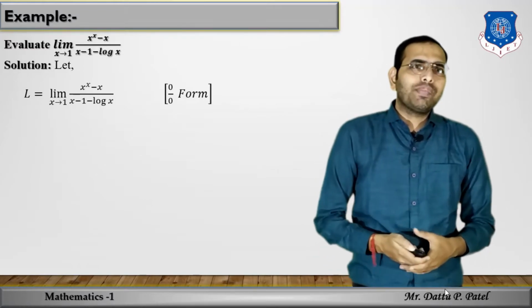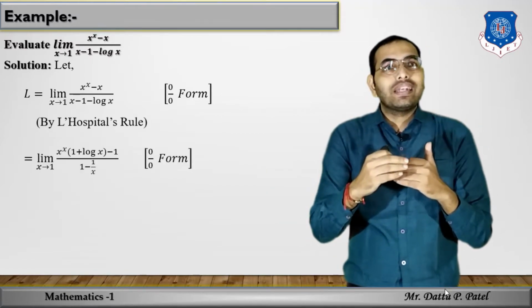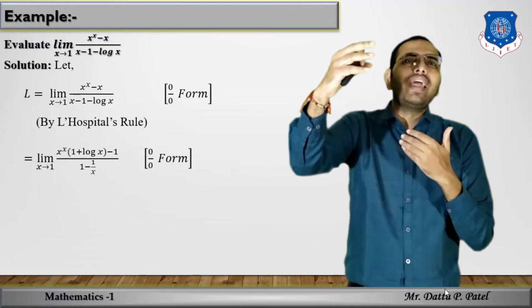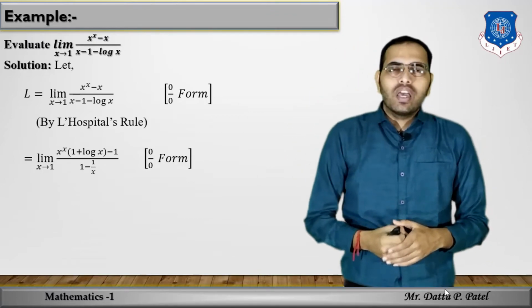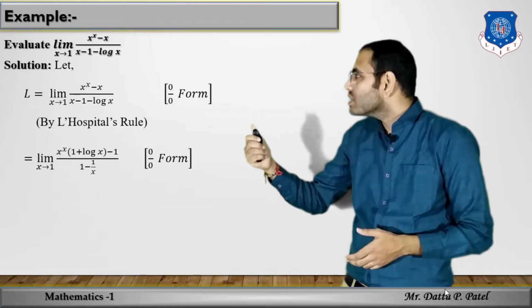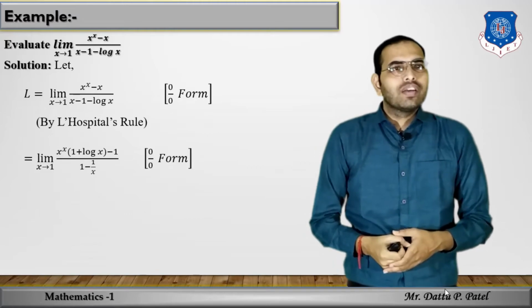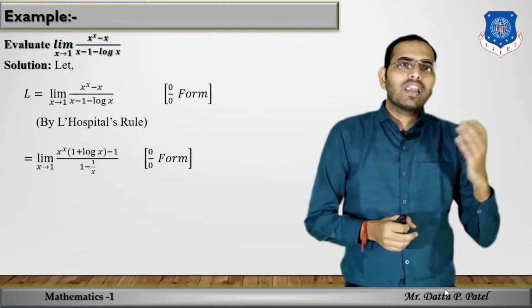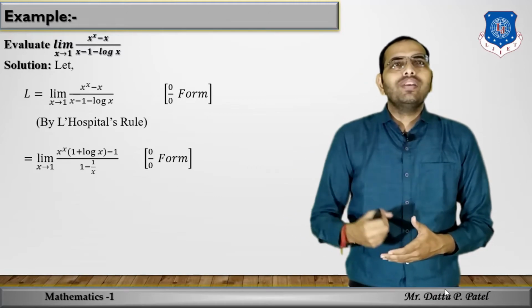Now applying L'Hopital's rule, meaning taking the derivative of the numerator and denominator separately, it becomes the limit as x tends to 1. Here you all are aware that the derivative of x raised to x is x raised to x inside the bracket 1 plus log x, which was already learned in an earlier standard, minus 1, divided by 1 minus 1 upon x.